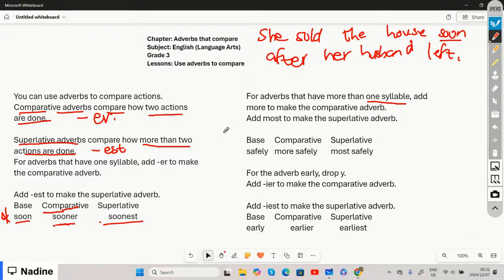If it's only one syllable, yes, we just add er, yes, we just add est. But when there's more than one syllable, then to make the comparative, we need to add most or more in front of the word. So we use more in front of a word that is comparative.